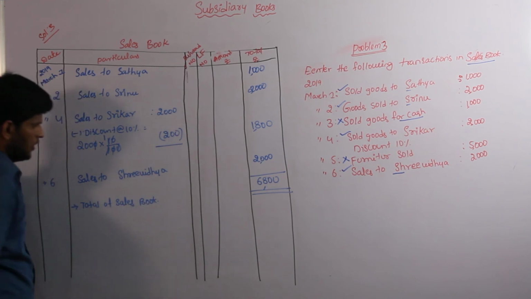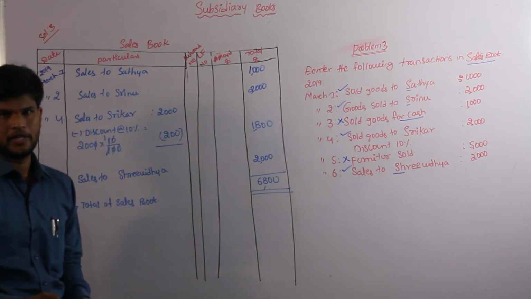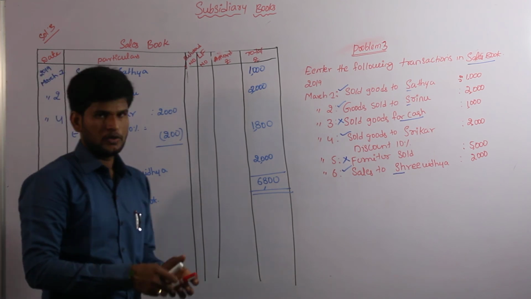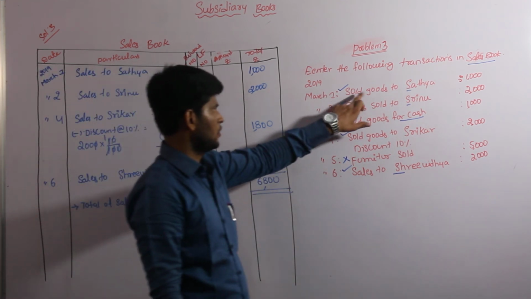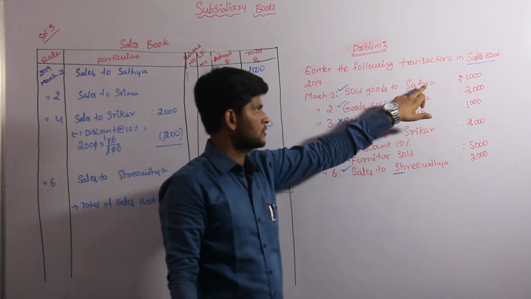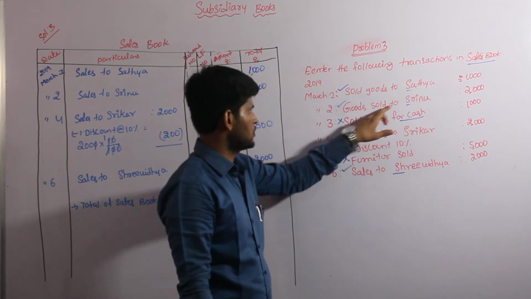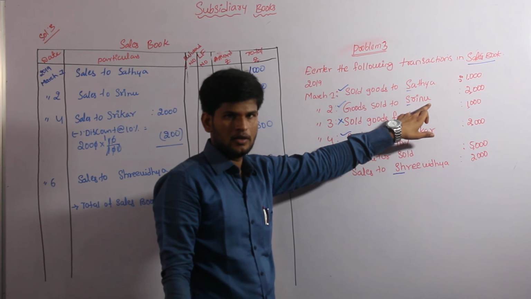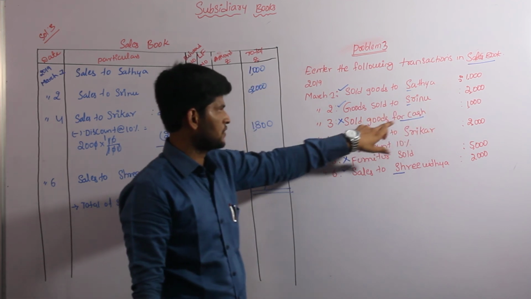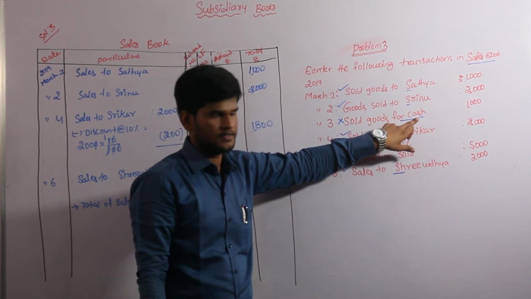Total of sales book. After the solution, we have to check whether all have been identified correctly or not. Sold goods to Satya, there is no cash, so we are considering this. Goods sold to Srinu, there is no cash, this also we are considering. Sold goods for cash, cash sales we don't want to consider.